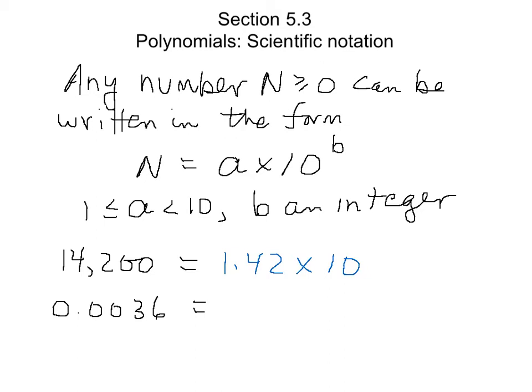So this is going to be 10 to the 4th. On this next one, here's 3.6, and now if you look at the original one, here's the point, 3.6. We have to multiply by 1, 2, 3 tens going backwards, which means 10 to the minus 3.